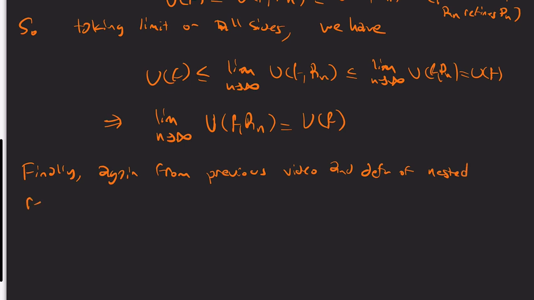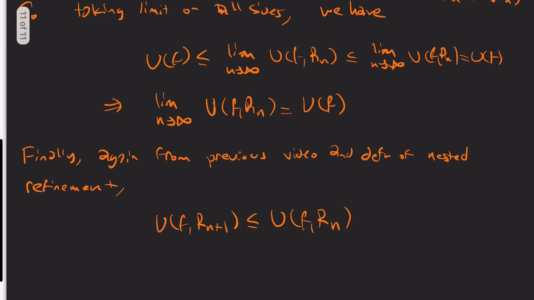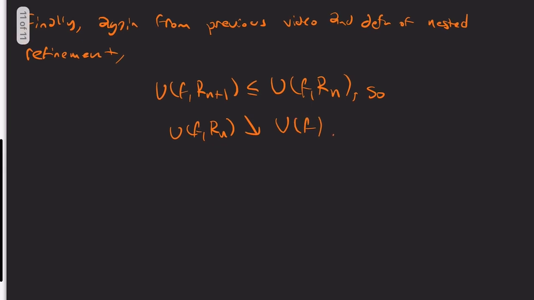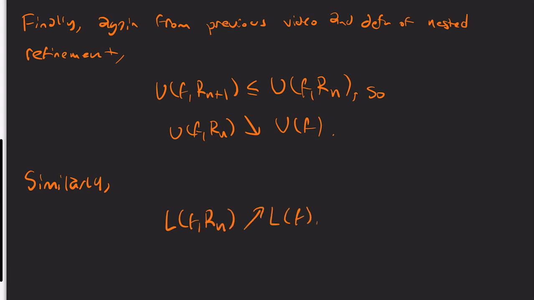So from nested refinement, we're just applying that same lemma. And so just to be explicit, U of f Rn as a sequence decreases to U of f like we wanted. And similarly, and I'll leave these details to you, the lower sums increase to the lower integral.